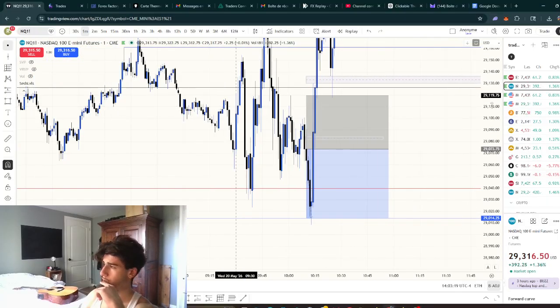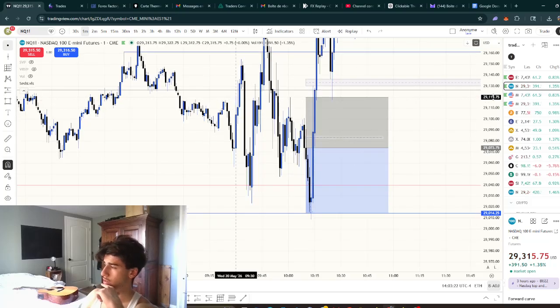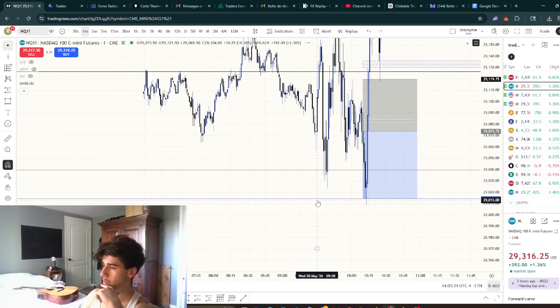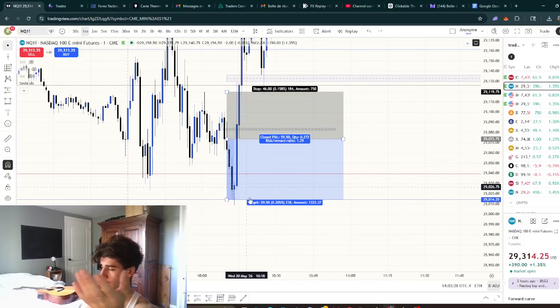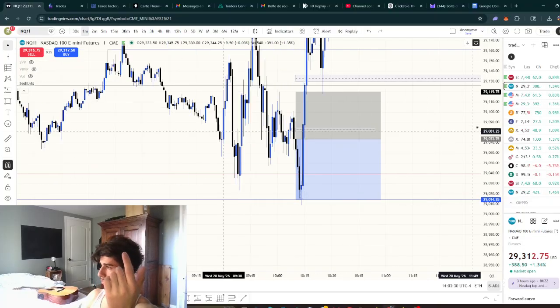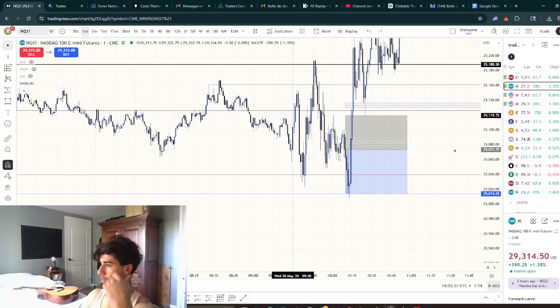I put my stop on the second low and the second high, and put my TP on the London low, and that hit perfectly after 3 minutes. So that's pretty much the trade I took.